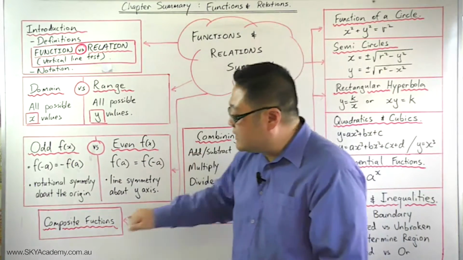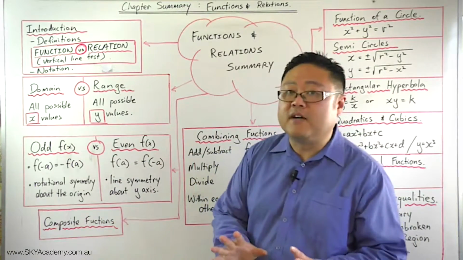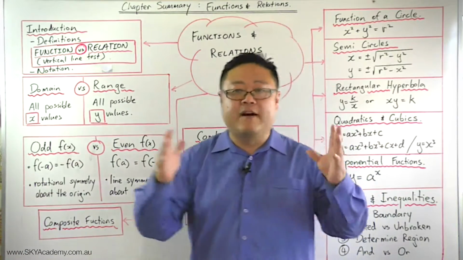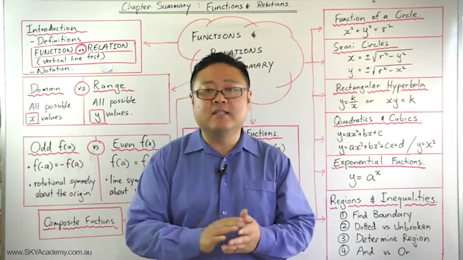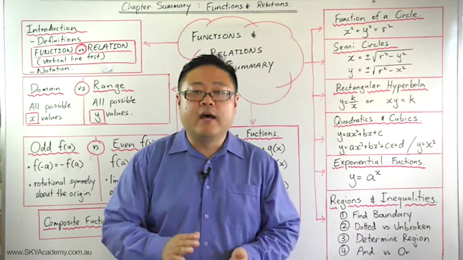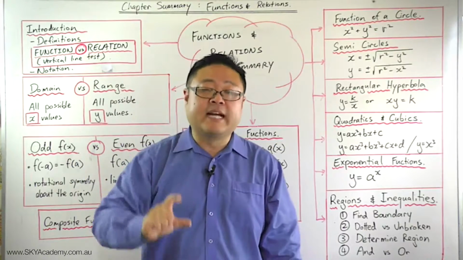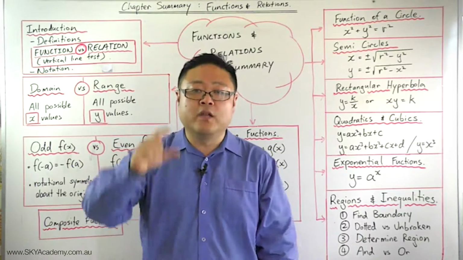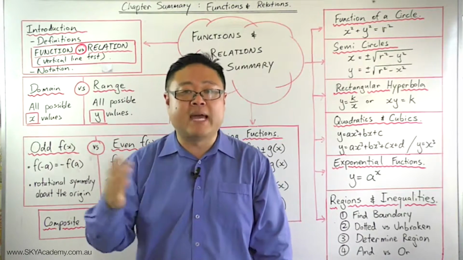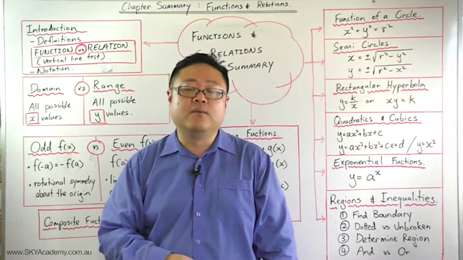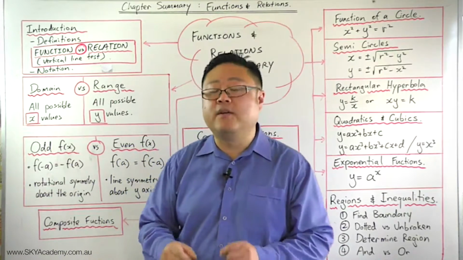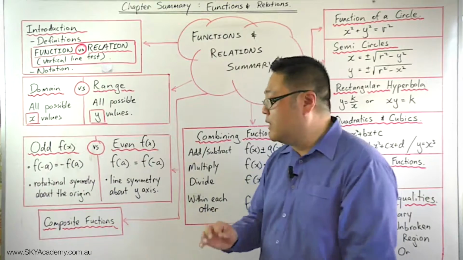Now, the next thing we did was look at composite functions. A composite function is basically a function that has more than one rule governing it, but the rules will only govern it within a certain domain. Go back and have a look at that particular episode if you want to be more clear about what I mean.